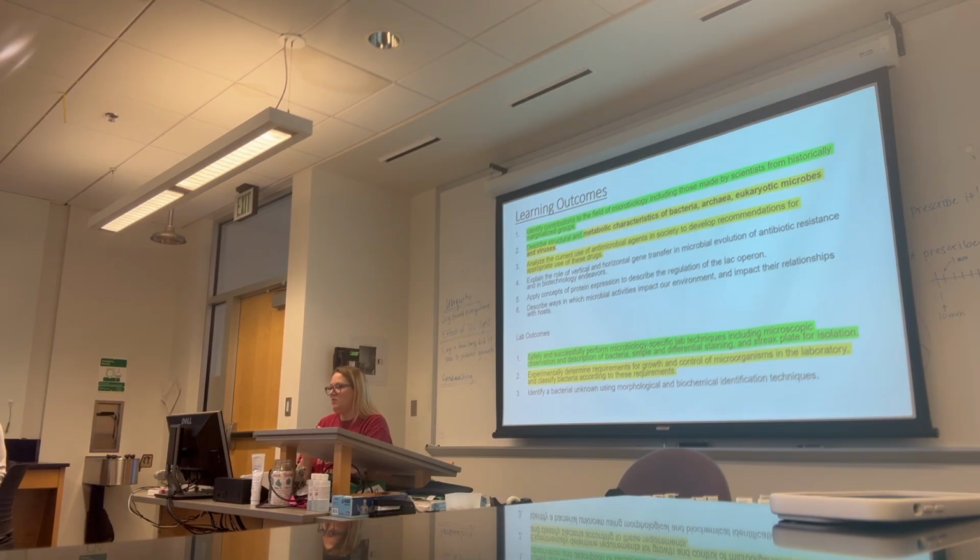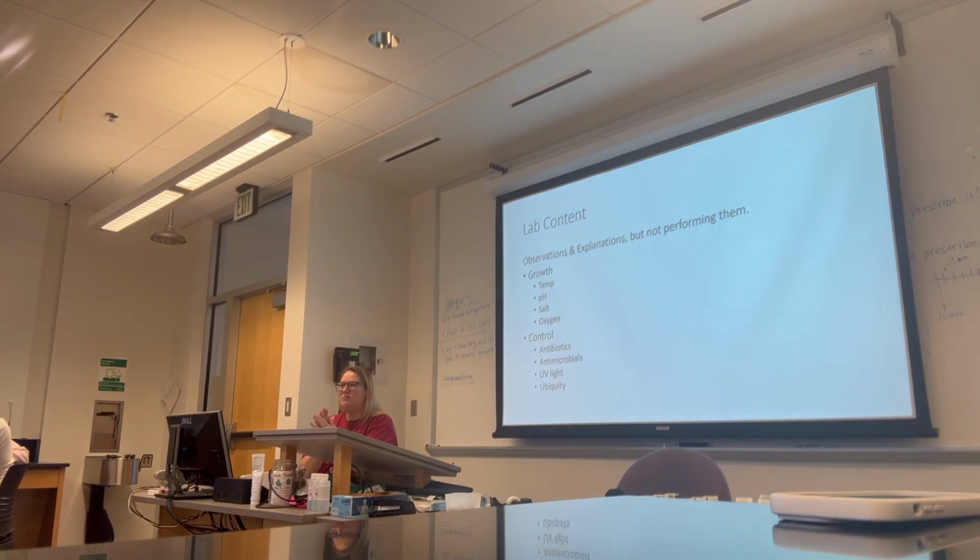And then we have done the growth and growth control labs. So those are what you're going to be tested on. That's chapters 5, 6, 7, really. And so the lab content is a lot of chapter 6 and 7 material.